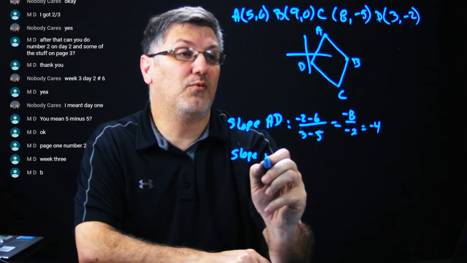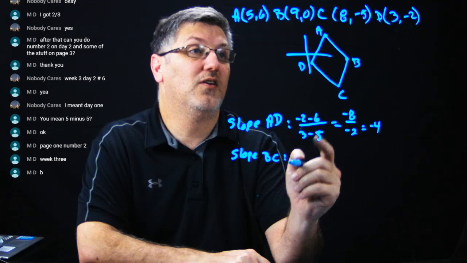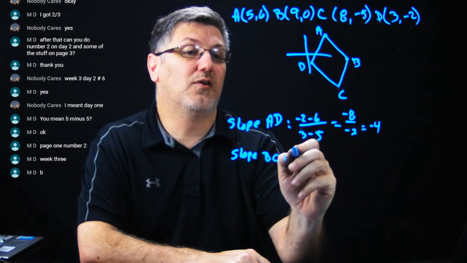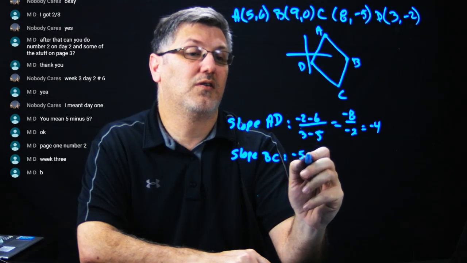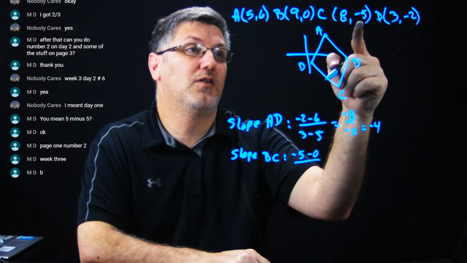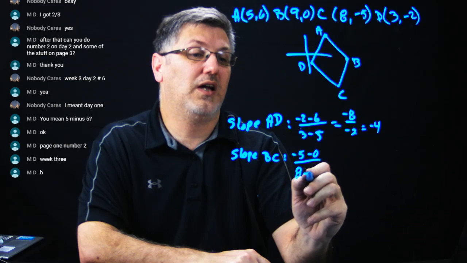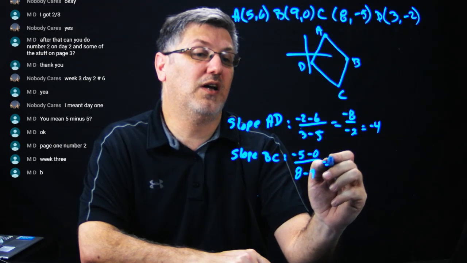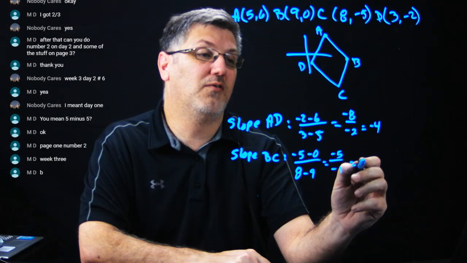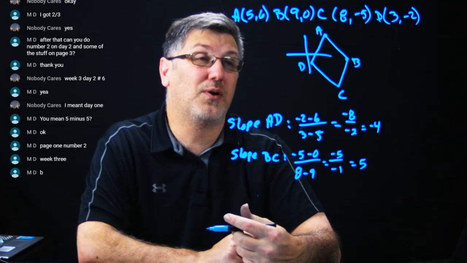If these are not the same slope, we already know it's not a parallelogram. So slope of BC: -5 minus 0 over 8 minus 9. This gives me -5 over -1, which gives me 5. Last time I checked, -4 and 5 are not the same slope, so this can't be a parallelogram.